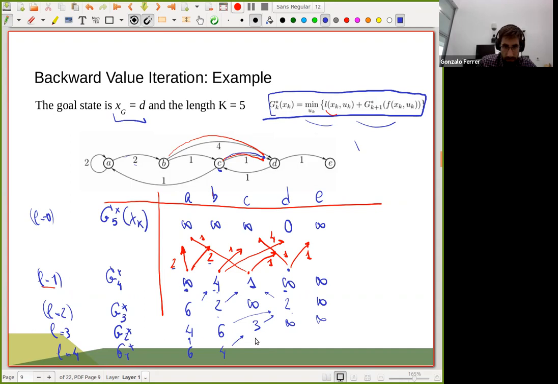So it's going to be 4 plus 1, 5. From D, we have two options, this and this. So it's going to be this one, right? So it's 3 plus 1, and then this is it.